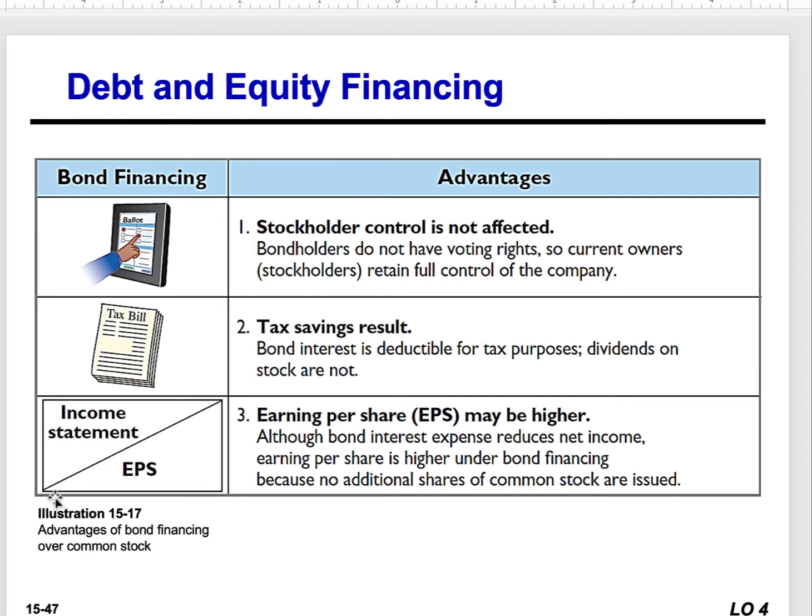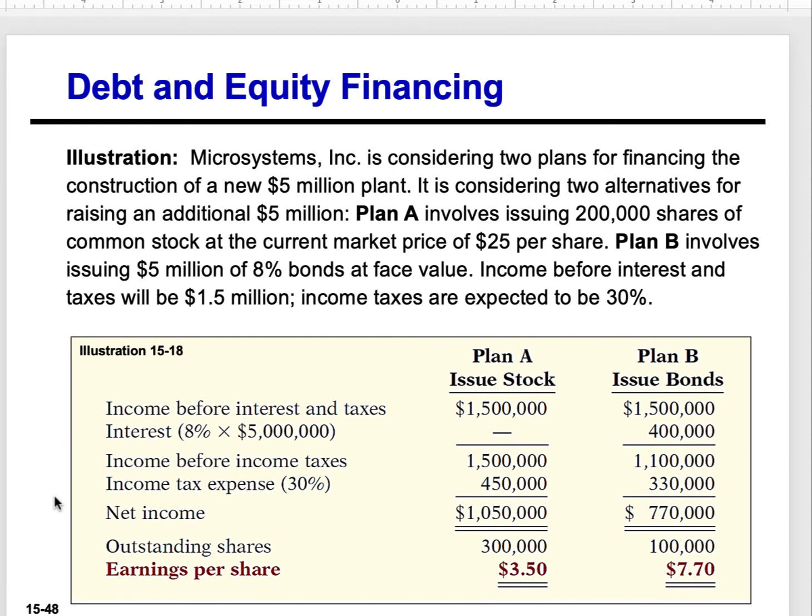Why? Well, think about it. The bond interest expense reduces net income, right? However, earnings per share is higher under bond financing. Why? Because we don't have any additional shares of common stock that we issued, right? We use debt or bonds instead of issuing more stock, okay?